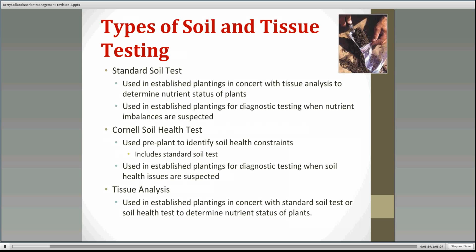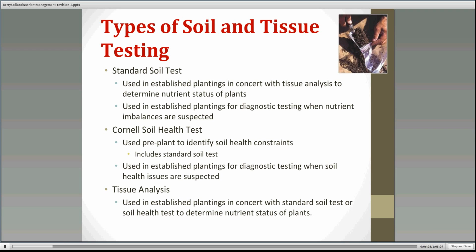Now, just talking to you about the basic types of testing: the standard soil test, which is a chemical analysis, the Cornell soil health test, and tissue analysis. If you look at a standard soil test, it's conducted at many labs across the states, and the attempt is to measure the availability of essential nutrients for plants.